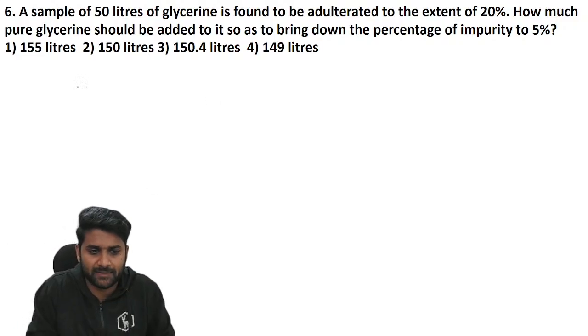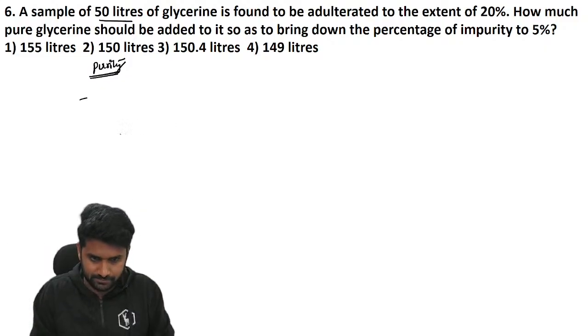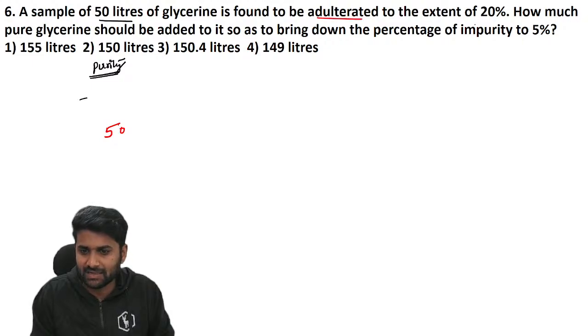Let us understand that. In a sample of 50 liters, we are solving only purity data. For example, in 50 liters of glycerin, the adulterated extent is 20%. So this is all about impurity. Impurity is 20%, then the purity is 80%.